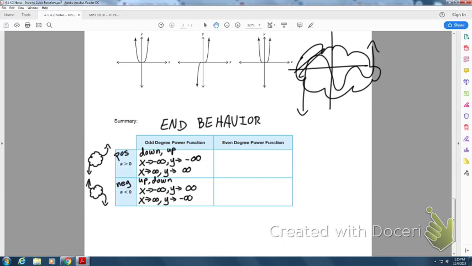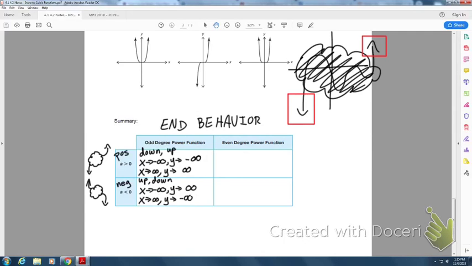It doesn't matter what's in there. Whenever I'm talking about the end behavior, all I care about is where it came from and where it is ending up going. There's going to be all kinds of garbage in here once we get to those polynomial functions. Up, down, we'll talk about something called a twist. It's not nearly as difficult as it sounds, I promise you that. But it looks difficult now.